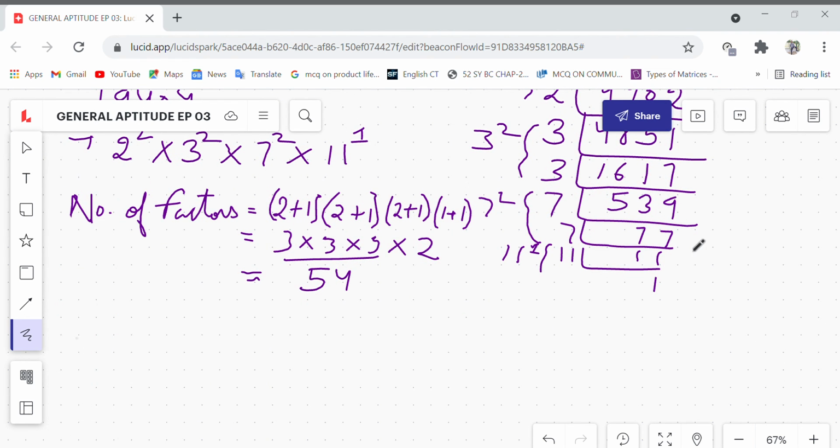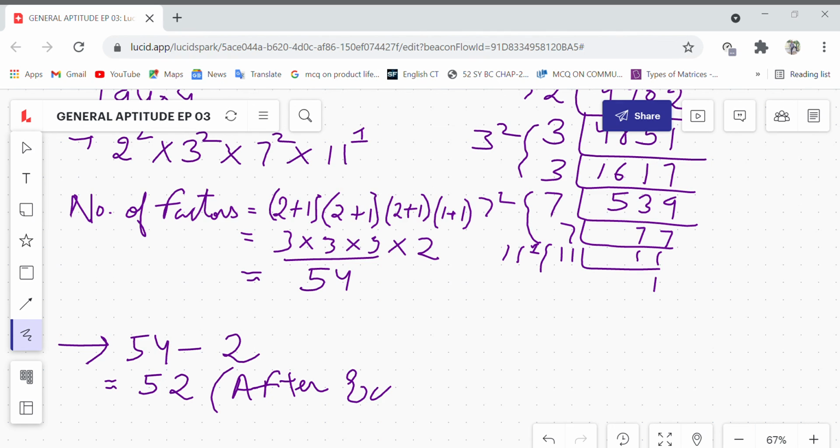So after excluding we get 54 minus 2 is equal to 52. I will write this in brackets, after excluding. Understood? So the answer is 52. You can take a screenshot.